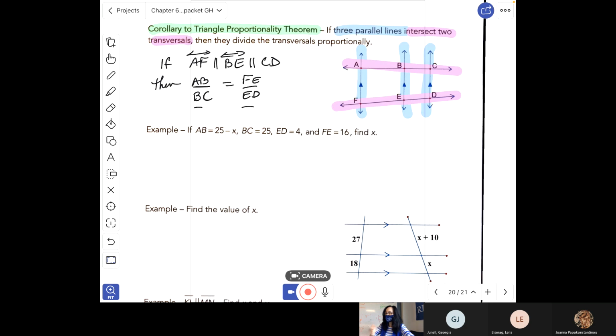All right, let's work an example with this diagram, see if we really understand it. We have AB is 25 minus x. I have that BC is 25.